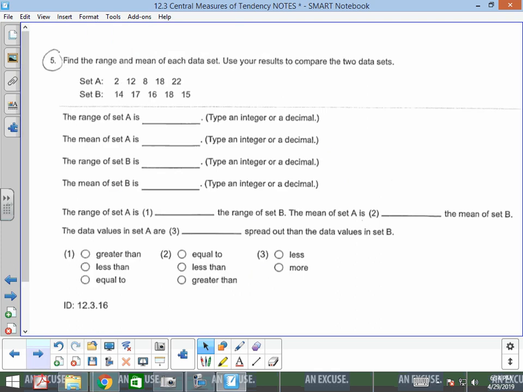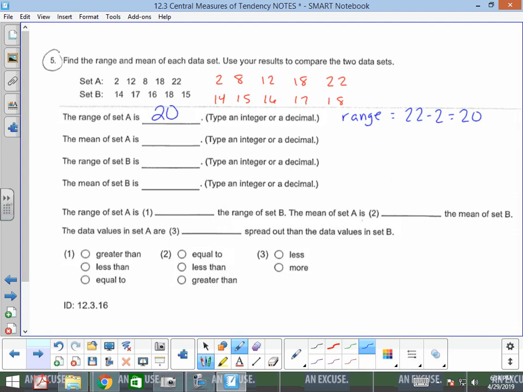All right, number 5. We have 2 sets of data that we're going to find the range and the mean of. For set A and set B, I'm going to put the numbers in order from smallest to biggest. The range of set A, the biggest minus the smallest, is 22 minus 20. So the range of set A is 20.